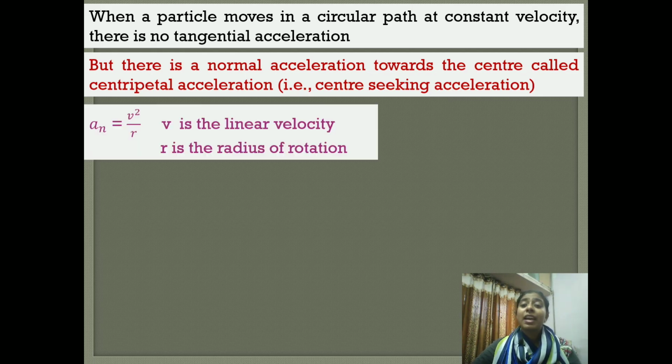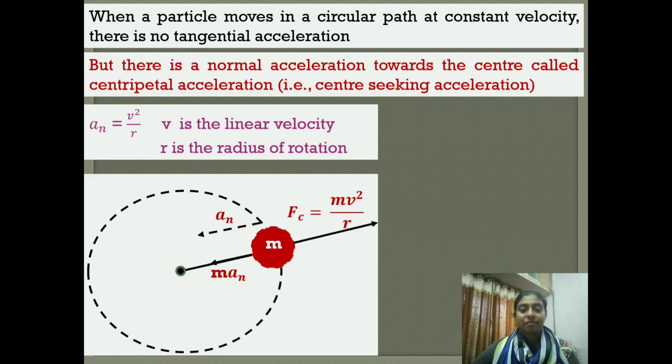This normal acceleration is equal to v square by r, where v is the linear velocity and r is the radius of rotation. Now you can see this is the curved path, and this mass is moving in this curved path.